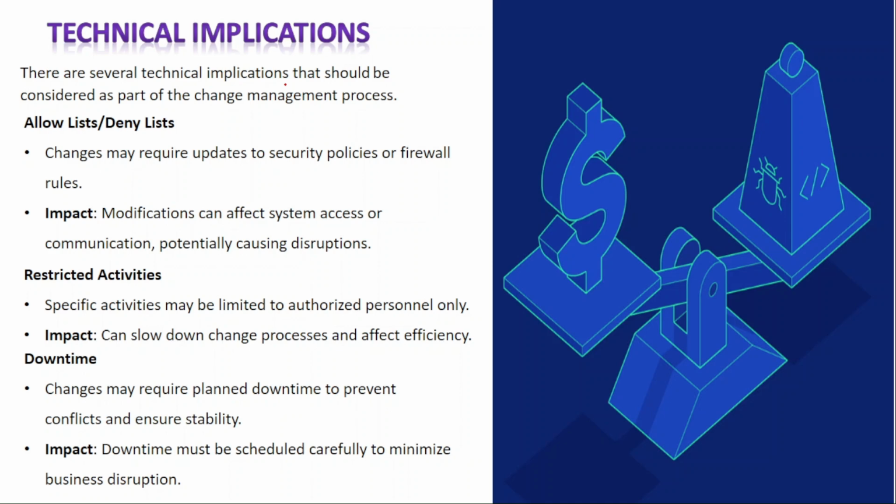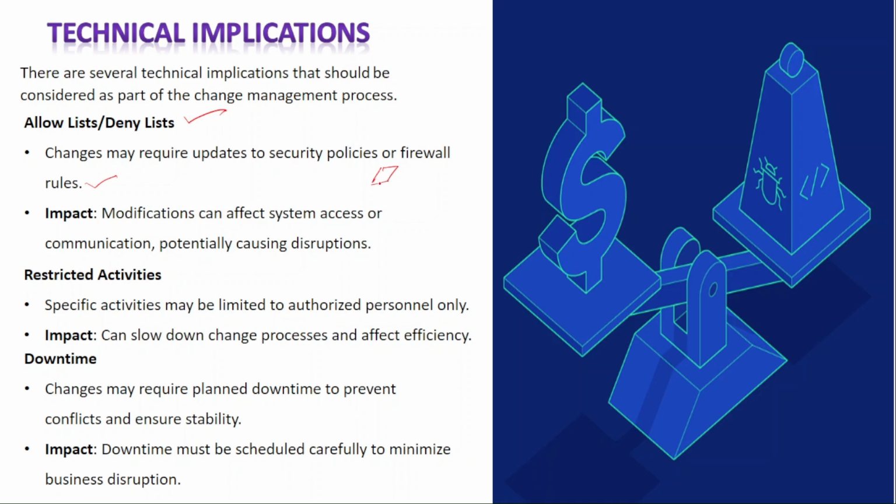There are also several technical implications that should be considered as part of the change management process, and these are allow lists and deny lists. What does this mean? Changes may require updates to security policies or firewall rules. Let's suppose you are introducing a new application.